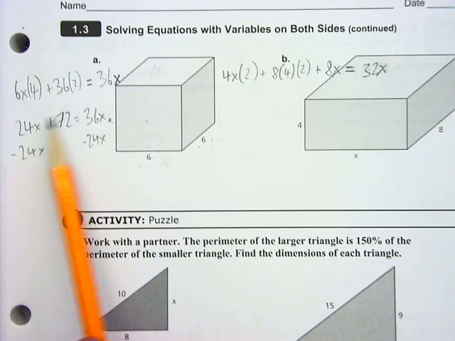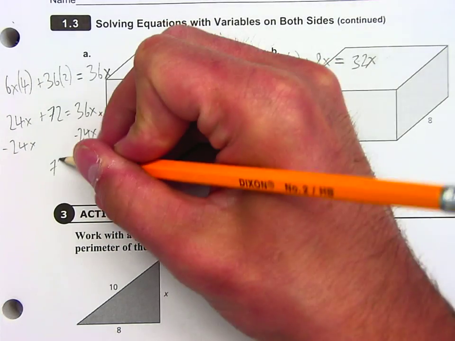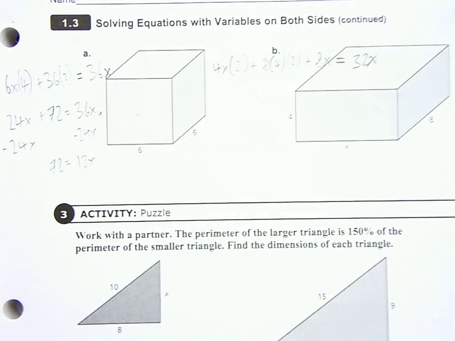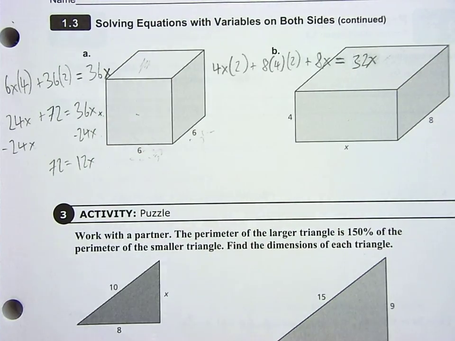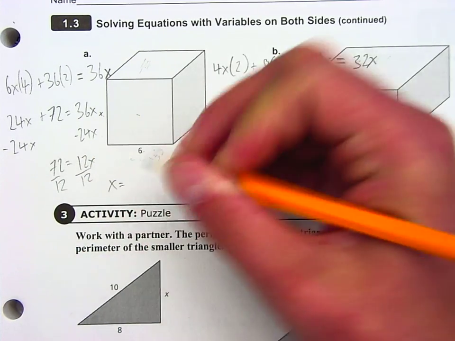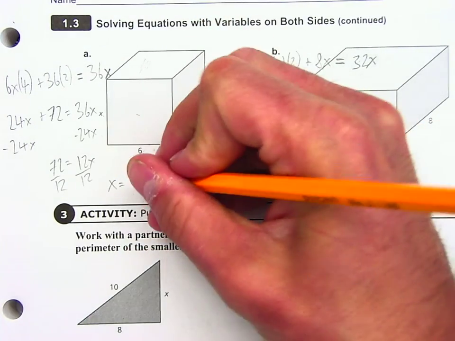That's because I want my constant term by itself and I want my variable term by itself. This is going to leave me with 72 is equal to 12x, and dividing both sides by 12. And x is equal to 12, 24, 36. x is equal to 6.